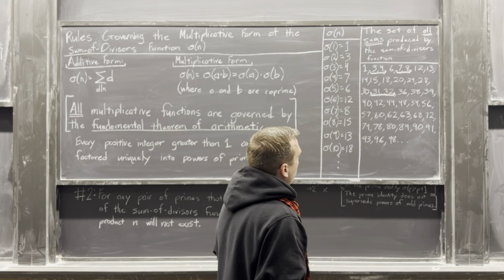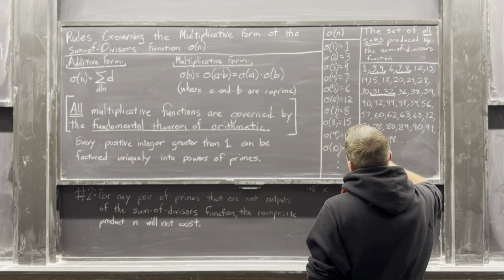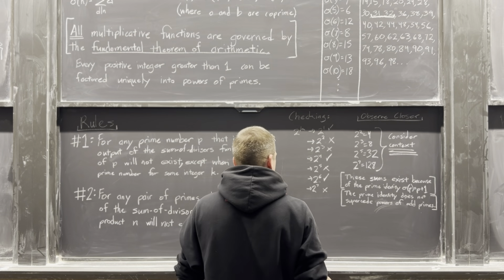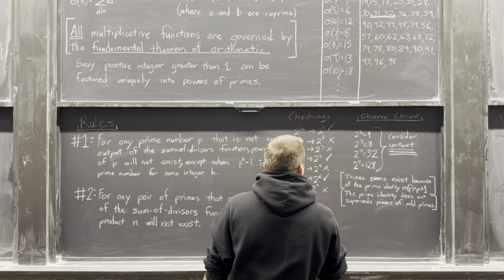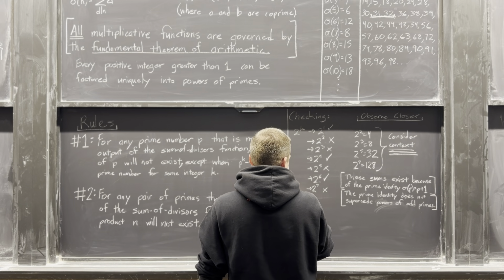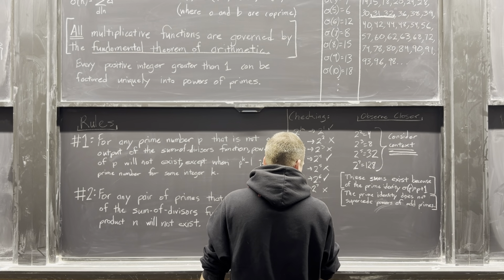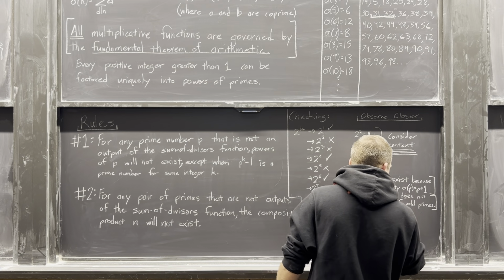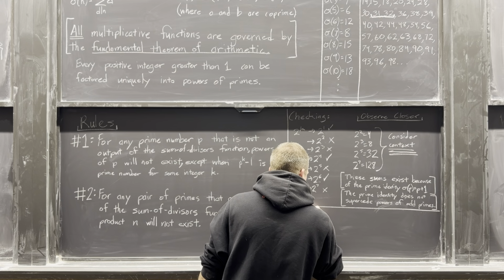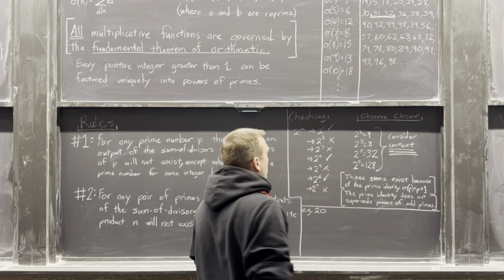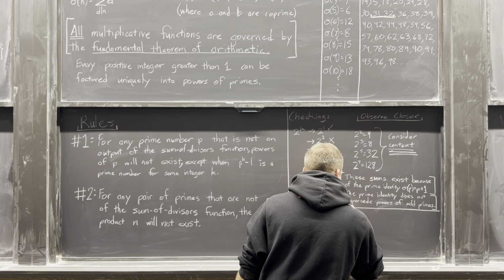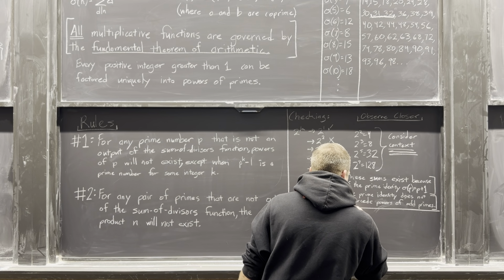But that's interesting. Let's consider 20, right? Let's check. Let's look at 20. 20 has the factors 2 to the power of 2 times 5 to the power of 1.